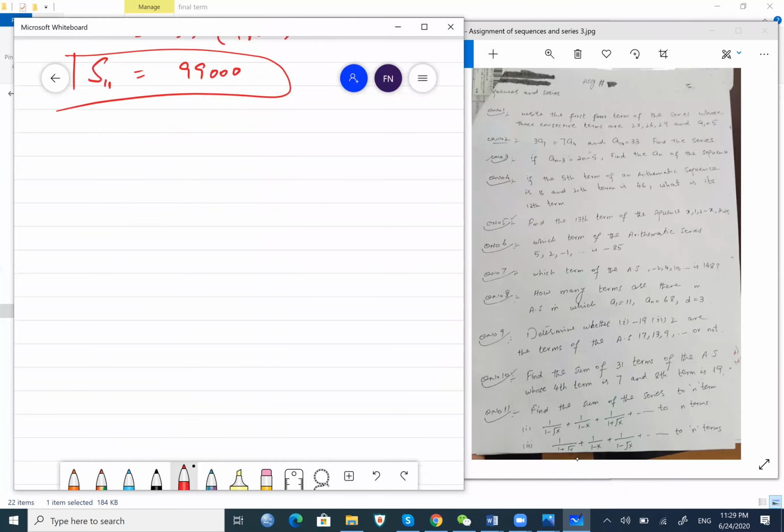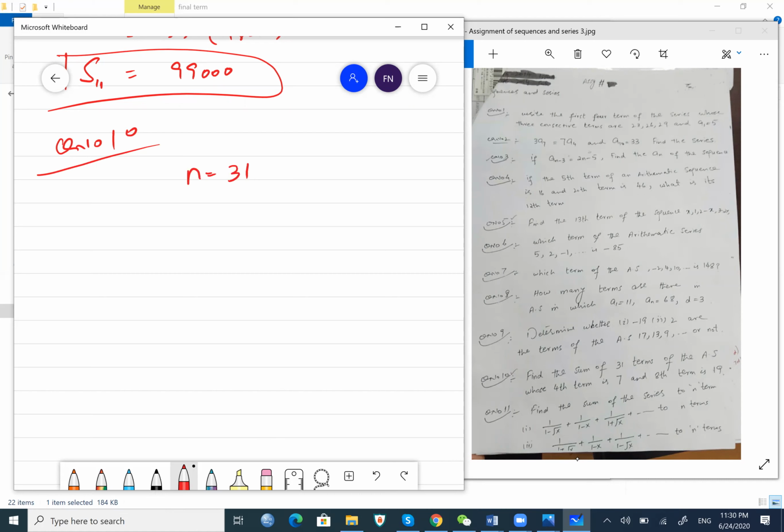Number 10, it says: find the sum of 31 terms of an arithmetic series whose fourth term is 7 and eighth term is 19.